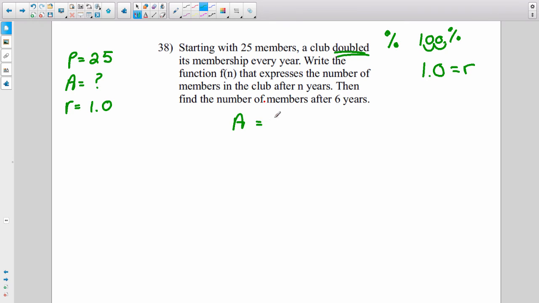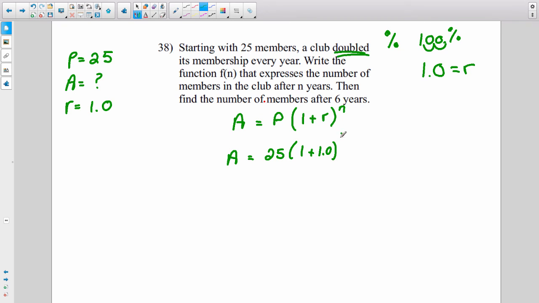Amount equals the amount you started with times 1 plus the rate raised to the, we'll say, N years instead of T. Okay, so I think we're good. We can make a formula. They gave us enough to plug this in. 1 plus 1. That's funny.